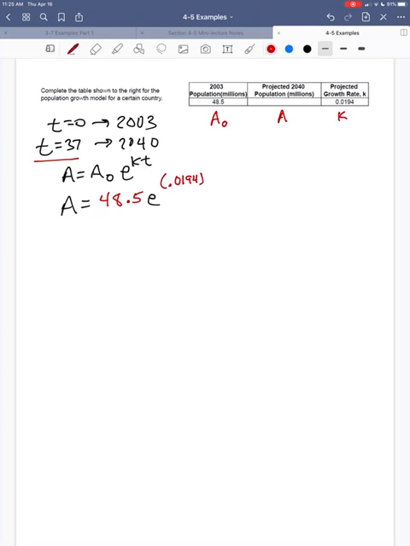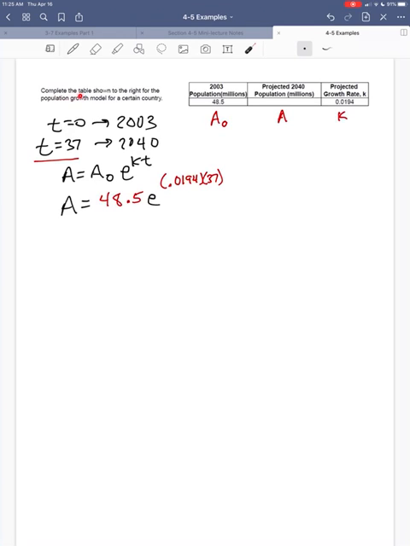And my t value is 37. So once I write it out like this, I realize this really isn't that tough at all. This is just a calculation. I don't have to solve for anything, right? A is already by itself. That's what I'm looking for. So I'm just going to have to evaluate this on a calculator.